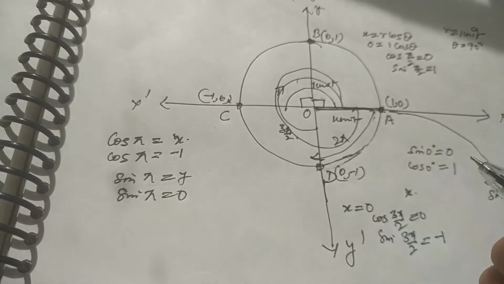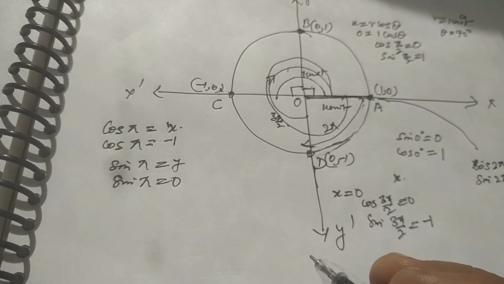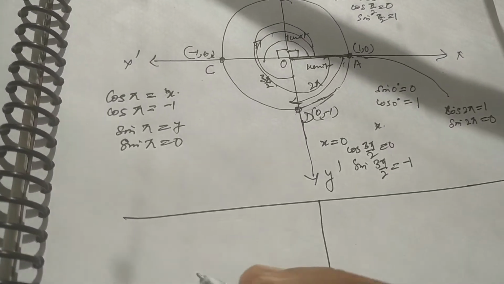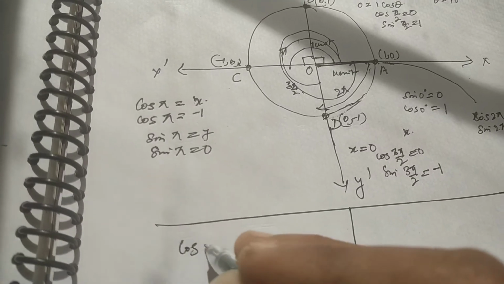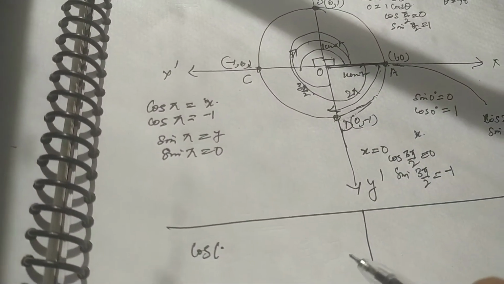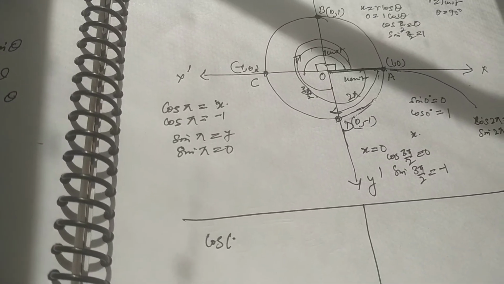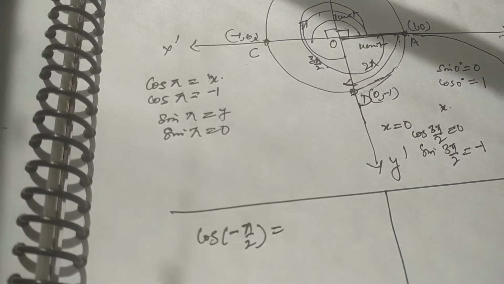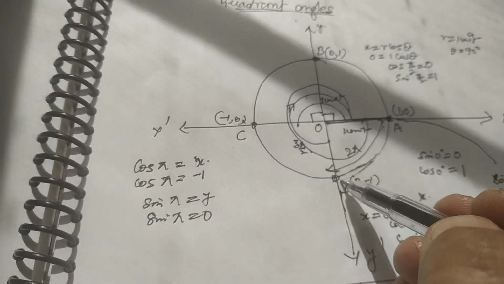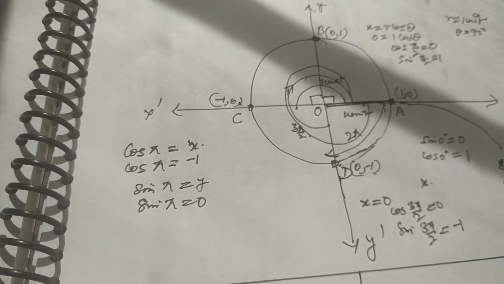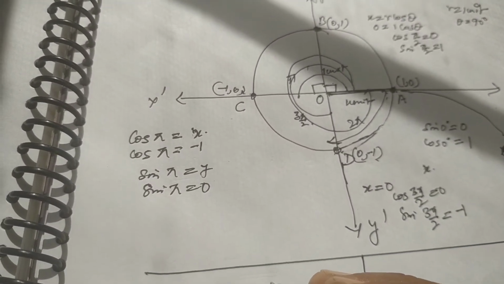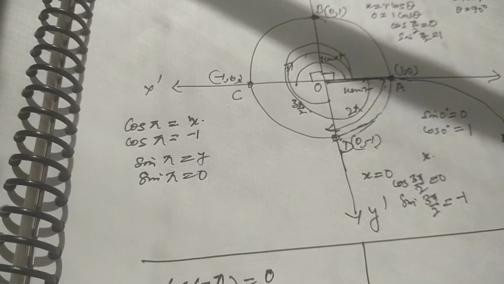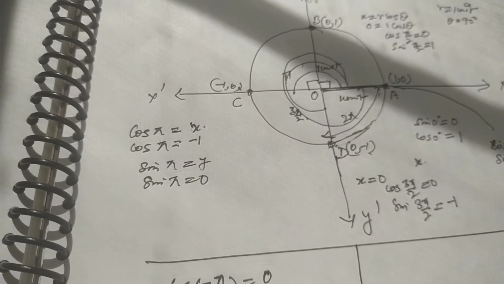For minus pi by 2, x is 0 and y is minus 1, so cos minus pi by 2 is 0 and sine minus pi by 2 is minus 1.